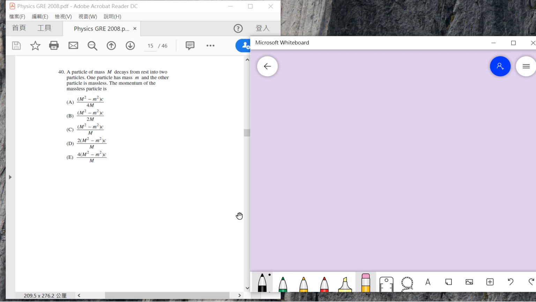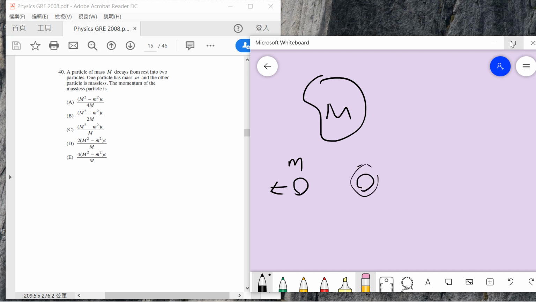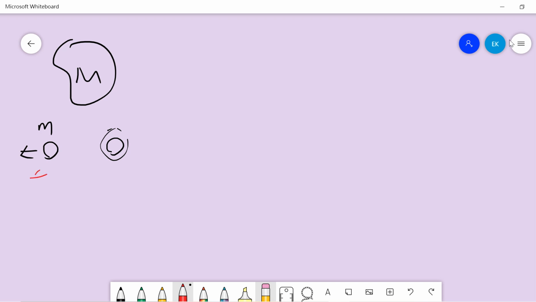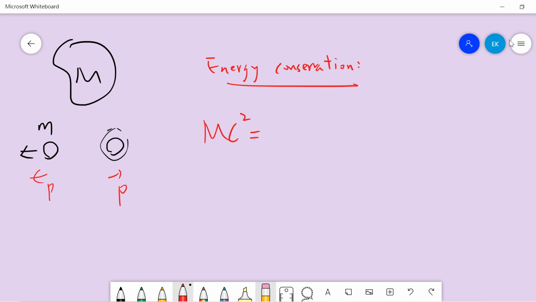Number 40 says that a particle with mass M separates into a mass part and a no-mass part. Suppose this momentum is p and this momentum is p. We just use energy conservation. So we have Mc^2 = pc + sqrt(m^2 c^4 + p^2 c^2).